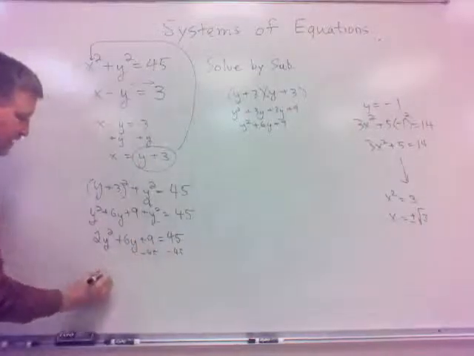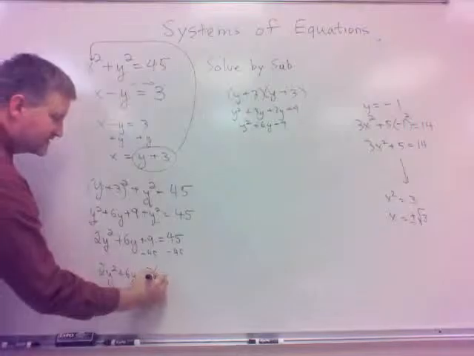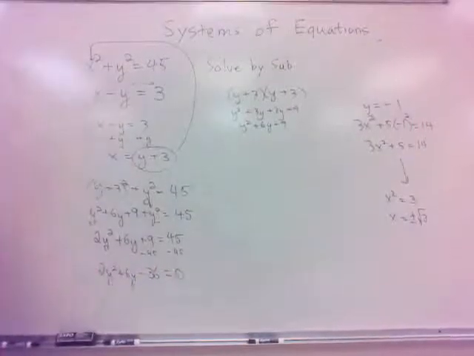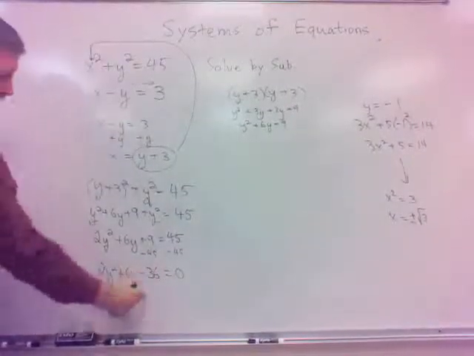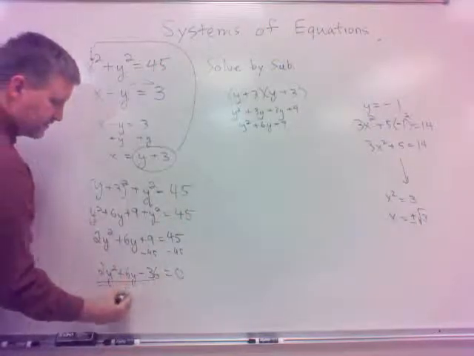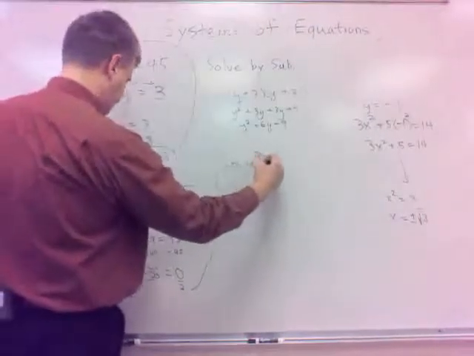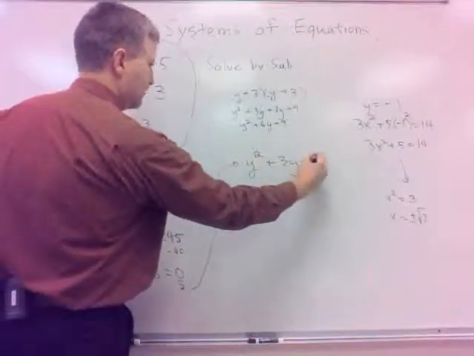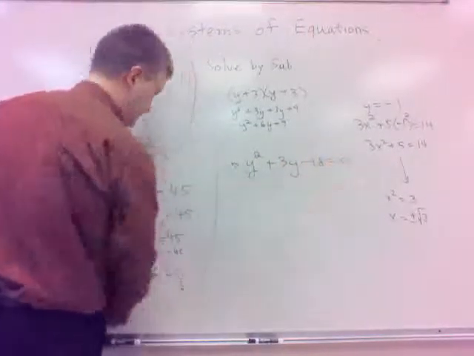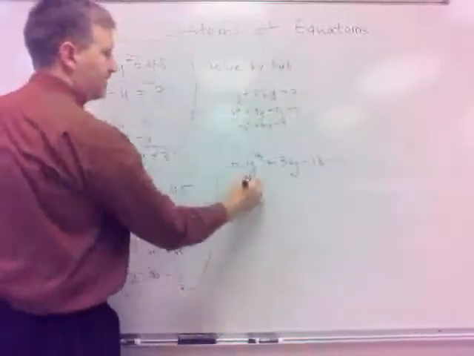So I have 2y squared plus 6y minus 36 equals 0. And again, I'm going to make it a little bit nicer on us here. Those all divide by 2, so let's divide everything by 2. So I get y squared plus 3y minus 18 equals 0. Factor that up.